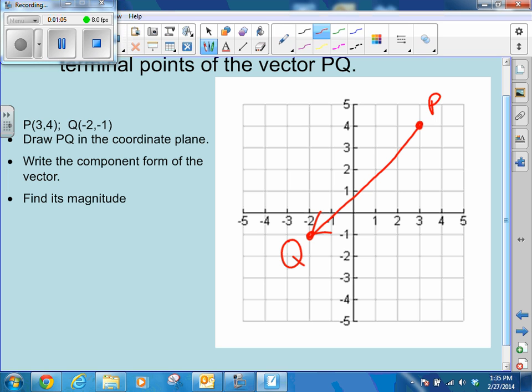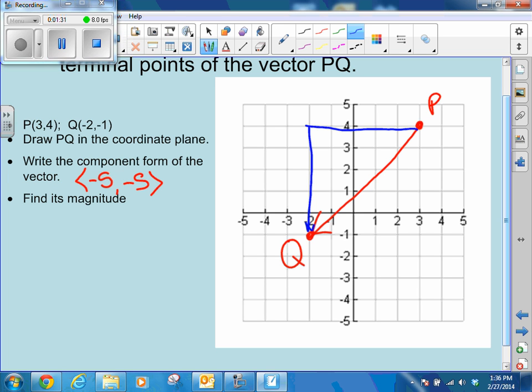Yeah, you have -5, because with vectors, you always start by going to the left or the right. In this case, we go to the left. So my component form for x is -5, since I'm going to the left. And then I'm going to go down, how many? 5 as well. So it's -5 again.